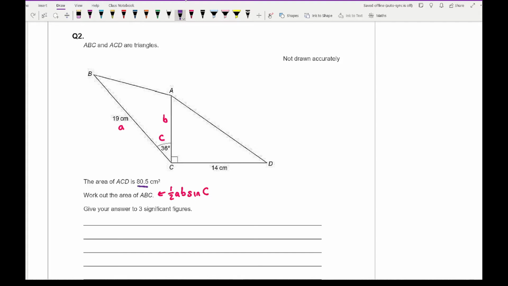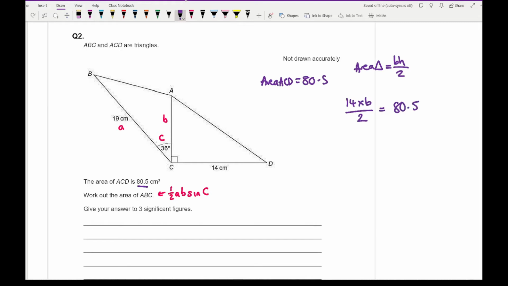Now looking at the area of ACD, that's 80.5. To work out the area of a triangle when we know the height and it's a right angle, it's basically base times height divided by 2. So we're going to have 14 times B divided by 2 equals 80.5.